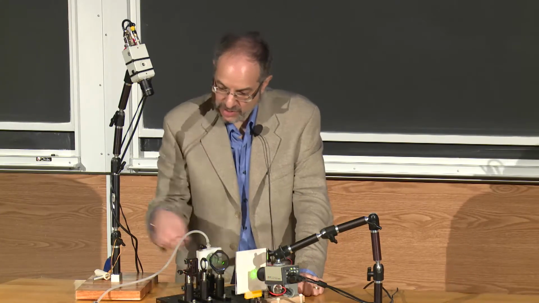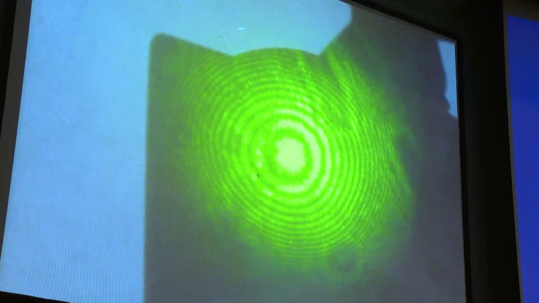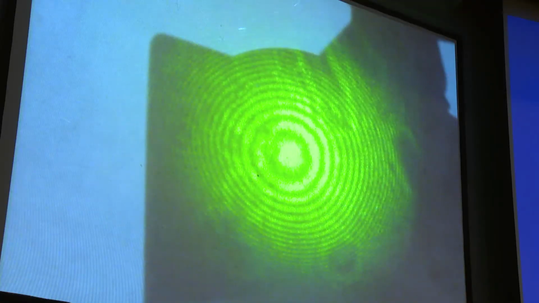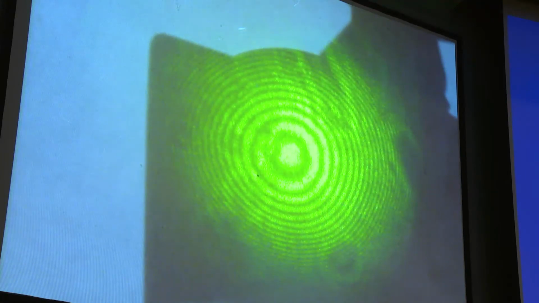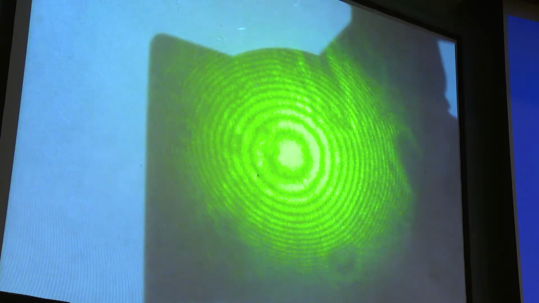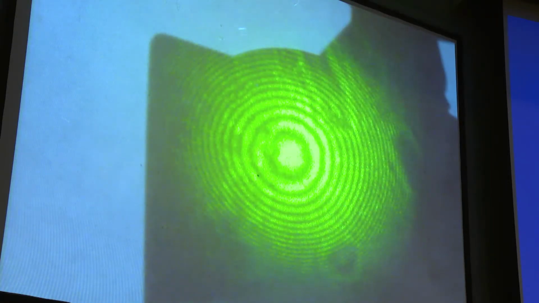And so in fact, if I just do a small disturbance, like, for example, changing the pressure in a little air chamber between the two mirrors, or even just pressing on the apparatus, you can see that the interference pattern will change. So this is a very sensitive measure of length.